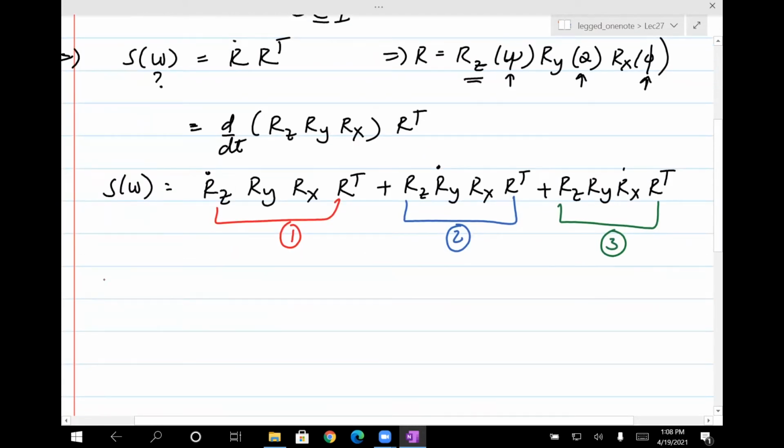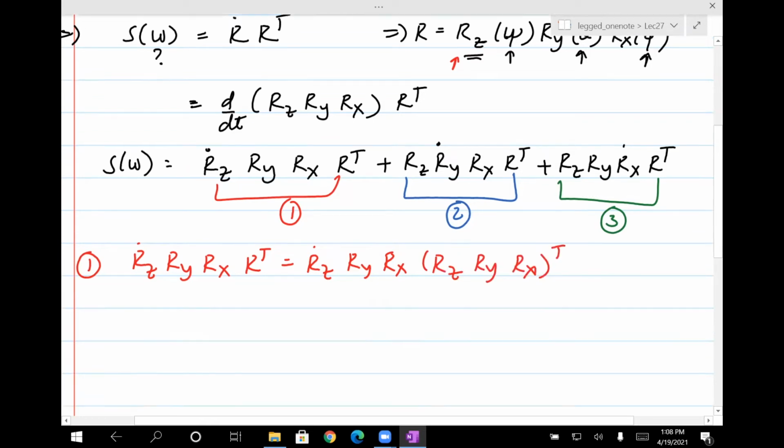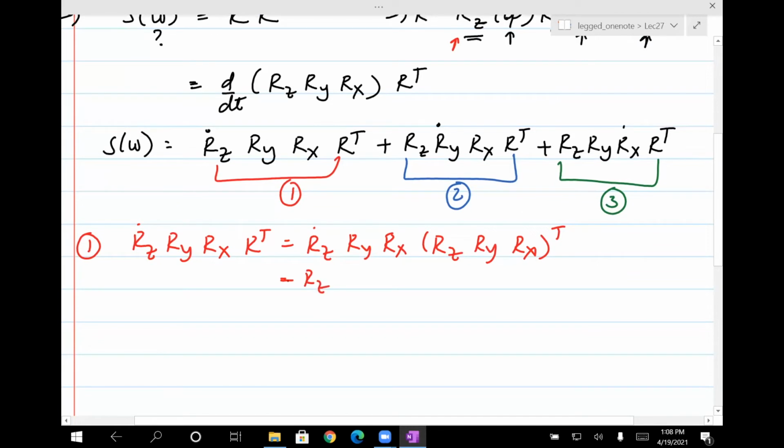The first one is RZ dot, RY, RX, R transpose. What I'm going to do is expand out R, which is given right here, so it's RZ times RY times RX. So RZ times RY times RX, then transpose. Now the property of the transpose is that when you take the transpose of two matrices A and B, AB transpose, the whole transpose is B transpose times A transpose.